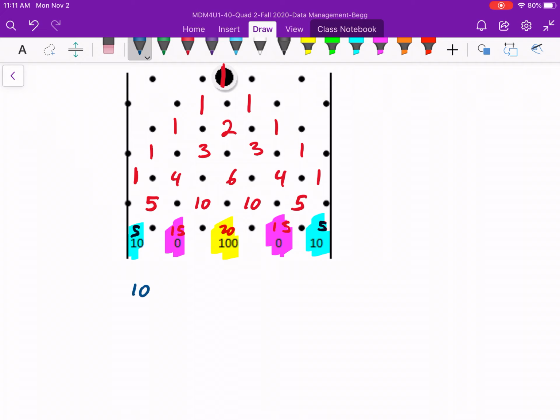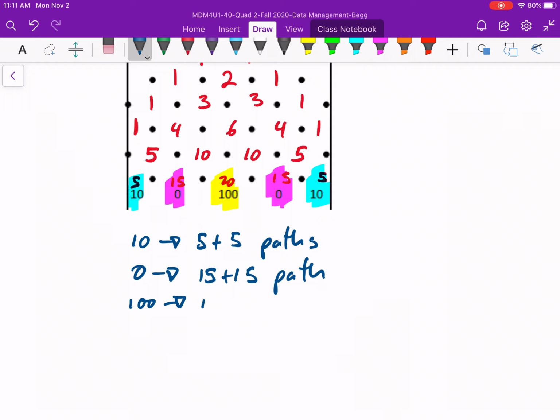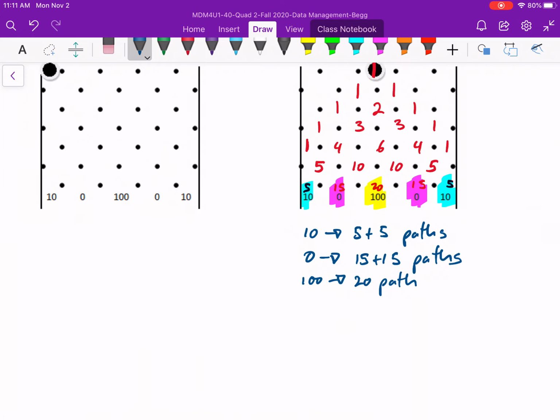So 10 has 5 plus 5 paths. 0 has 15 plus 15 paths. And 100 has 20 paths. And then once we know how many paths there are to get to each of these different spaces, we would be able to come up with probability of getting a particular score. But that's for another time.